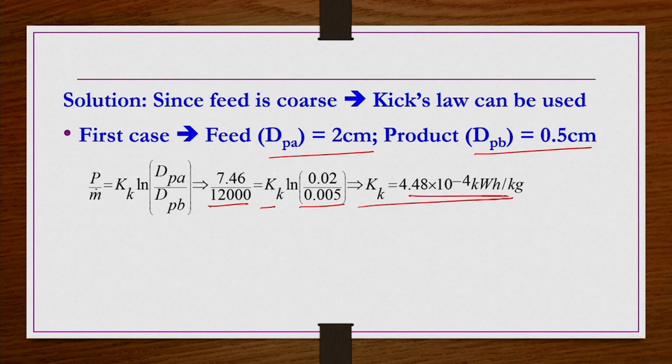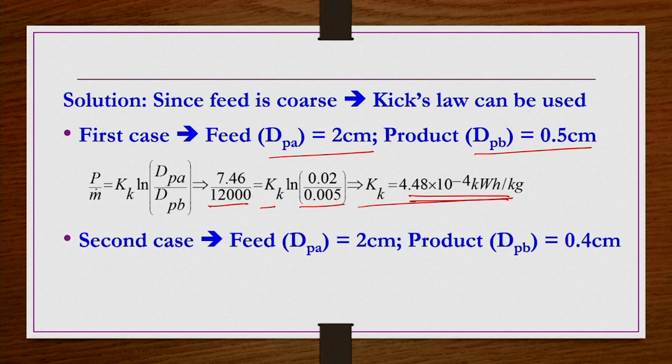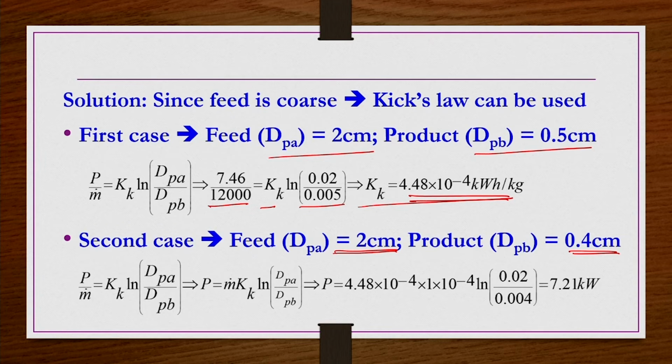You can see this is a dimensional quantity, as I mentioned, not dimensionless. Now in the second case, the feed remains the same, 2 centimeters median equivalent size, but the product is 0.4 centimeters. The product is slightly finer, and the capacity is decreased to 1 into 10 power 4 kg per hour. We apply the same law: P by m dot equals Kk ln dPa by dPb, and m dot we take to the right hand side.